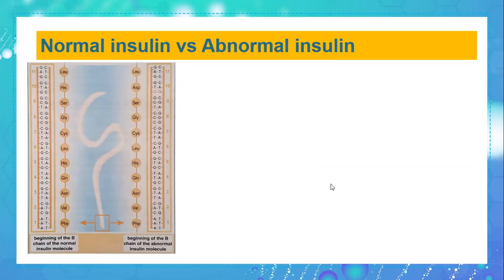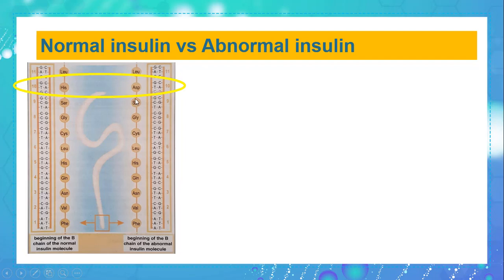Let's take an example here. Here we have 2 sequences that belong to a normal insulin molecule and, on the other hand, an abnormal insulin molecule. If we compare both sequences, we notice that the difference between both molecules is at the level of this amino acid. Instead of histidine, we have aspartic acid. And the reason behind that is that one of the nucleotides has been changed.